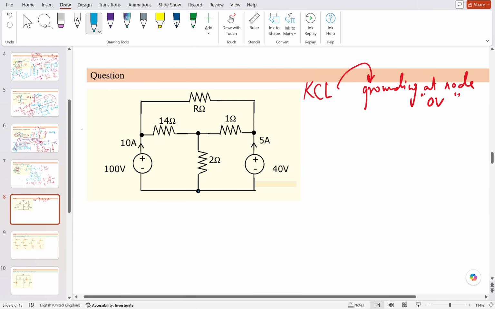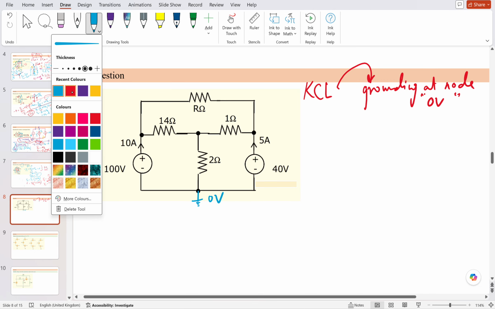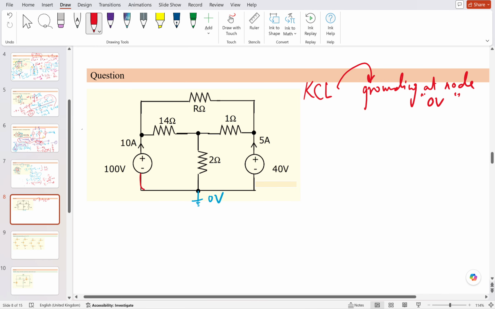So here also, if I consider this as 0 volt, in a similar manner this negative will go to 0 volt. So the other voltage will come. Suppose here I consider a node, so this will come out to be 12 volt. Similarly, this node also will become 12 volt.